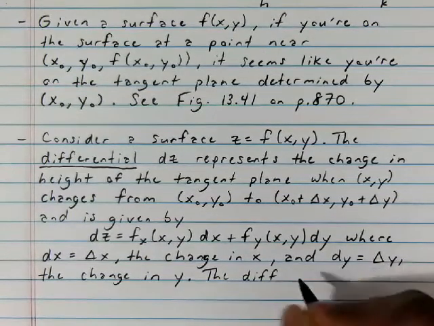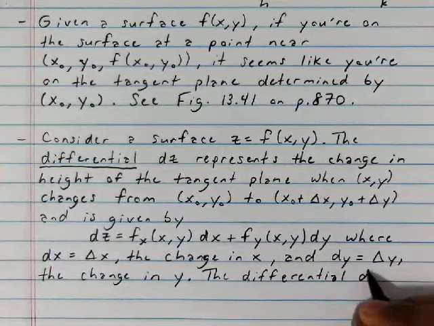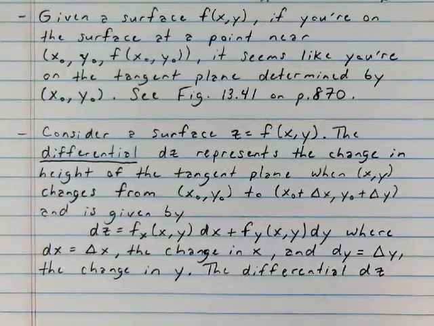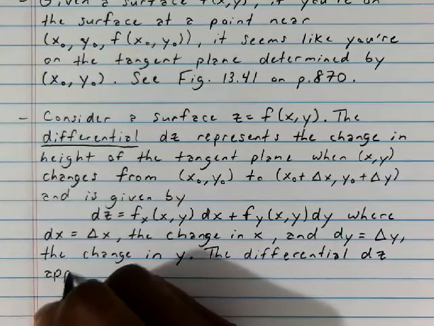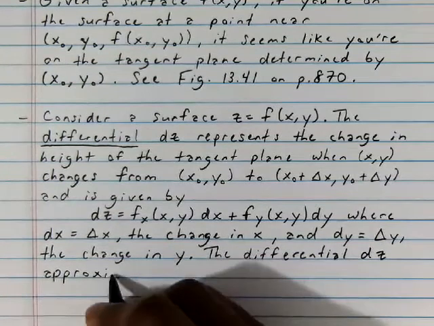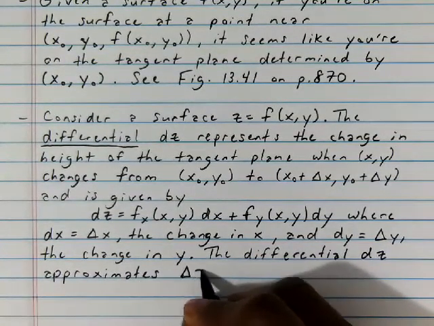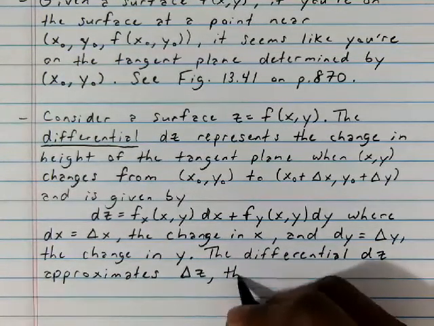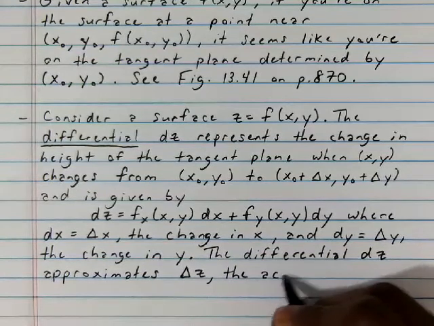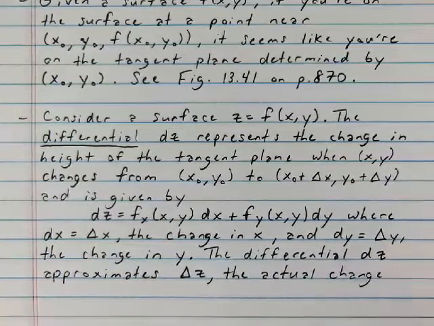The differential dz approximates delta z, the actual change in the surface height.